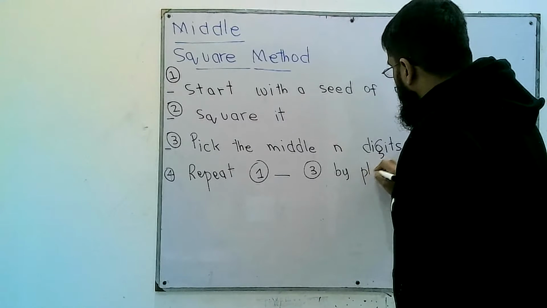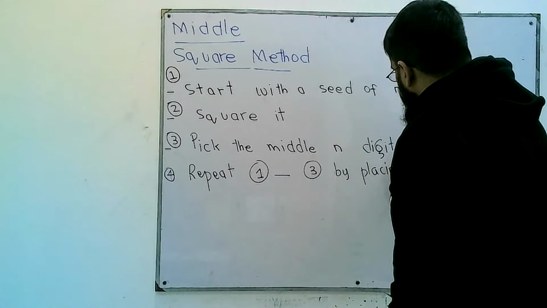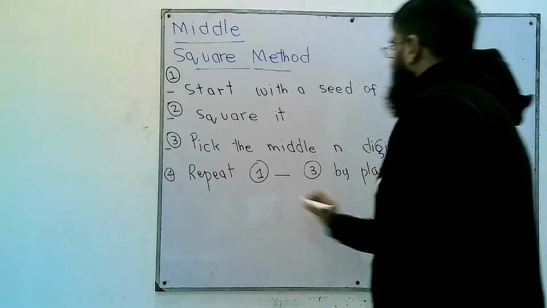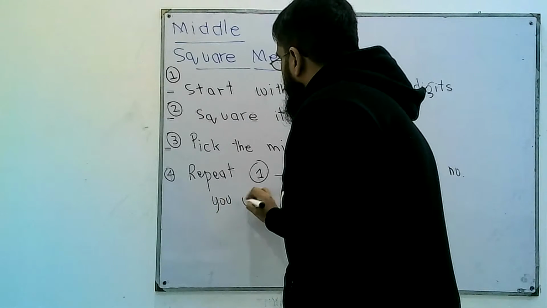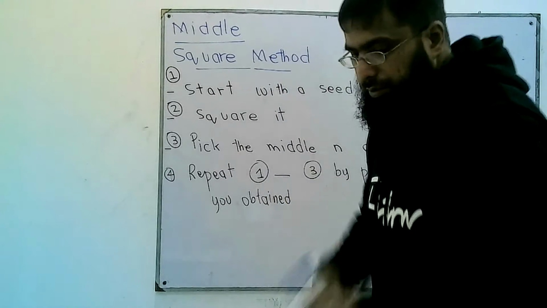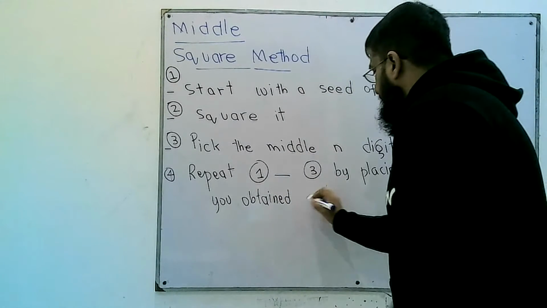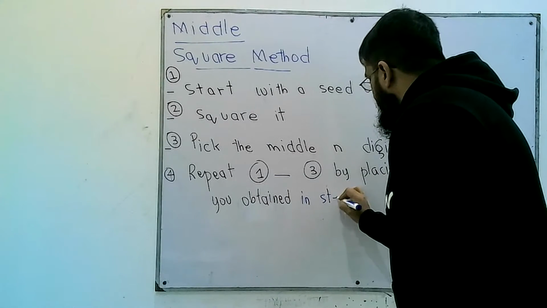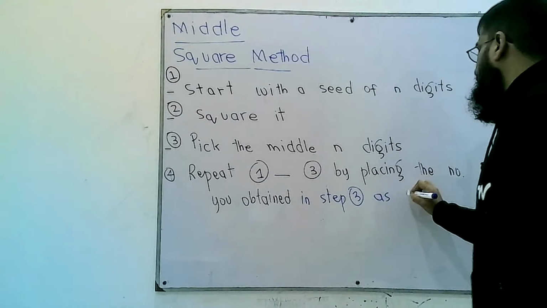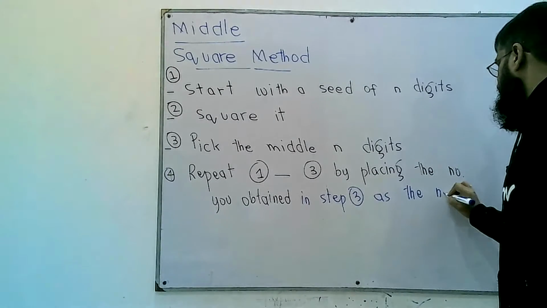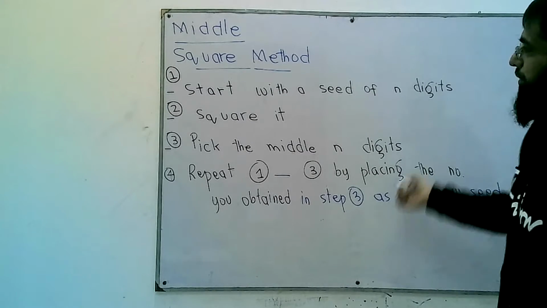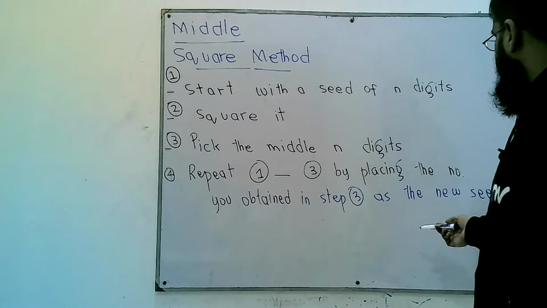Repeat by placing the number you obtained in step 3 as the new seed. In fact, we don't call it seed all the time. We call it seed only once, and then we call it a number.